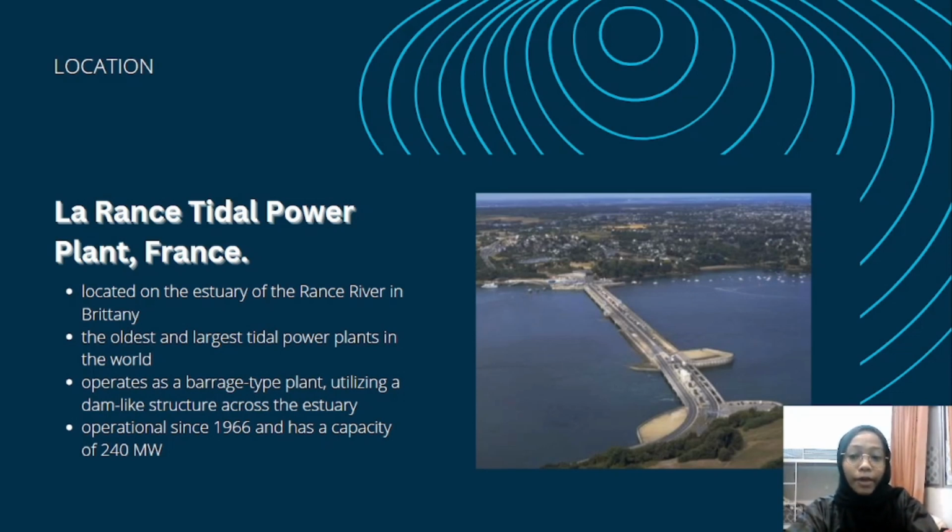This generation plant operates as a barrage type plant, utilizing a dam-like structure across the estuary. It has been operational since 1966 and has a capacity of 240 megawatts.